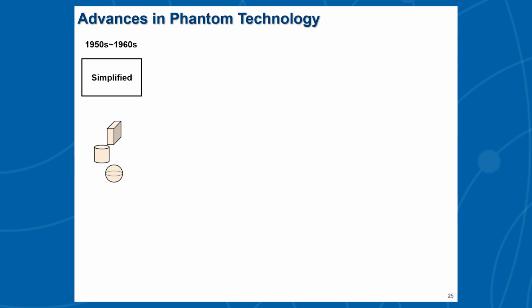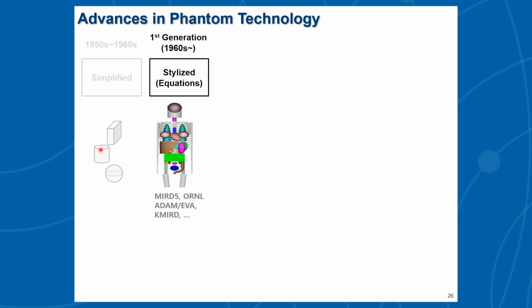At the beginning, the human body was very simplified, such as box, cylinder, and sphere in those calculations. We consider the first generation of computational phantoms to be stylized phantoms, also called mathematical phantoms. These stylized phantoms first define the specific organs using mathematical equations, so we can do the organ-specific calculations.